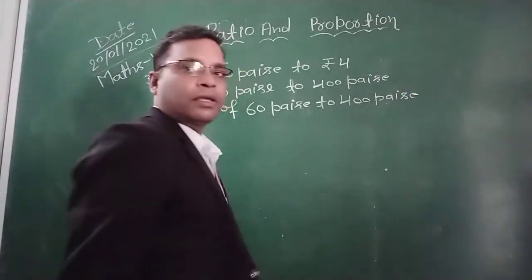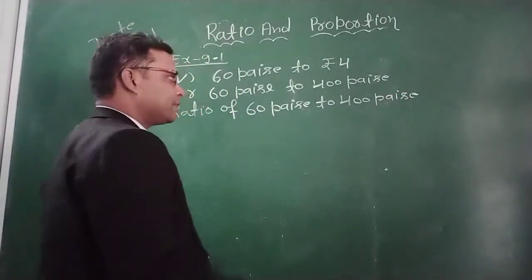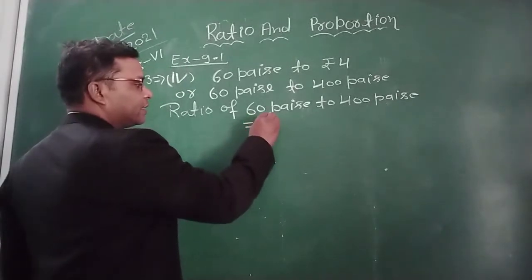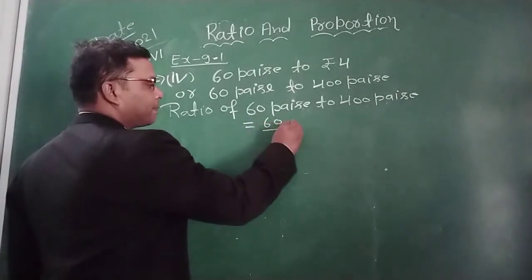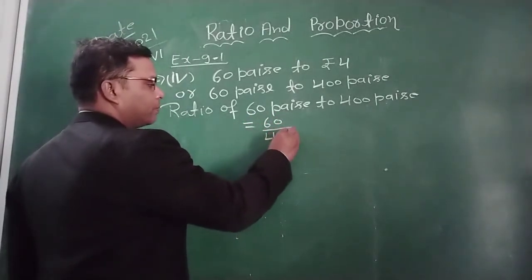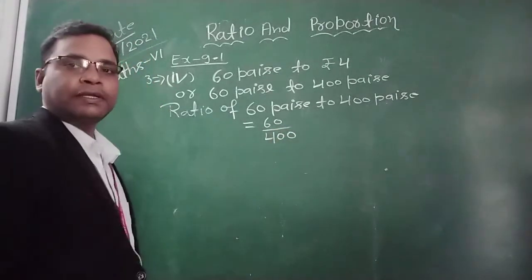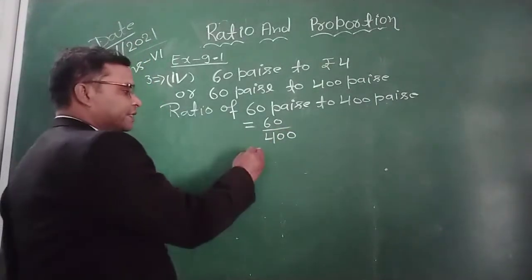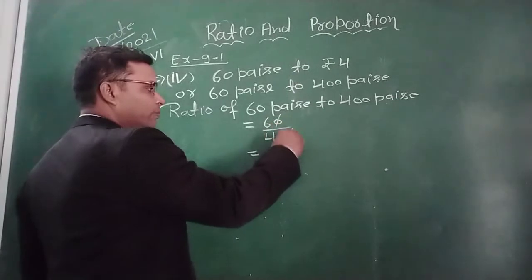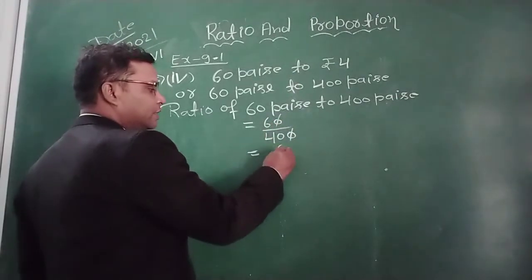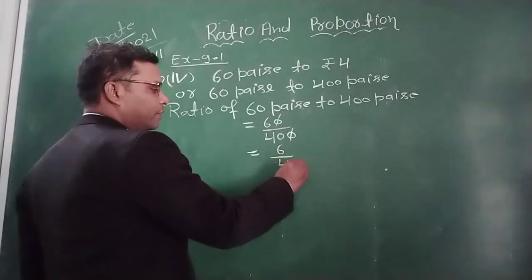For this we can write 60 by 400. Okay, so you can cancel 0 by 0, then we get 6 by 40.